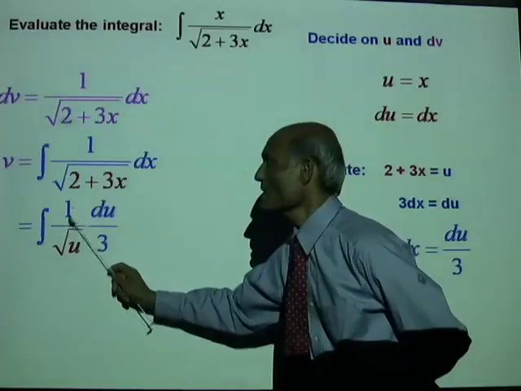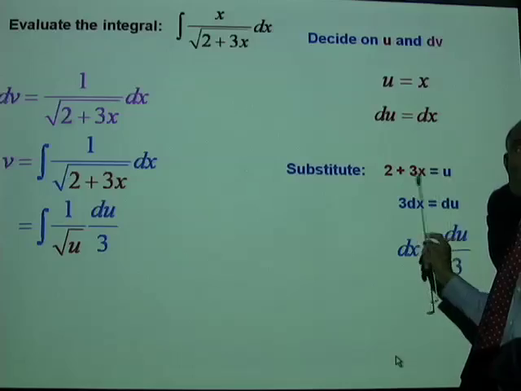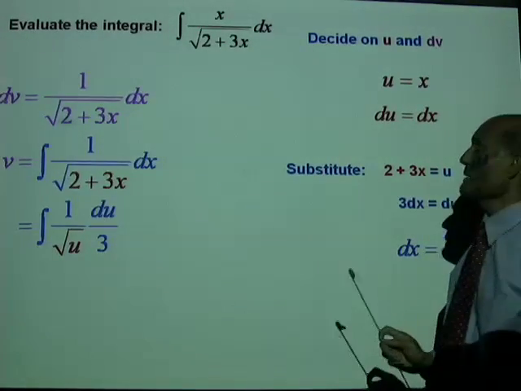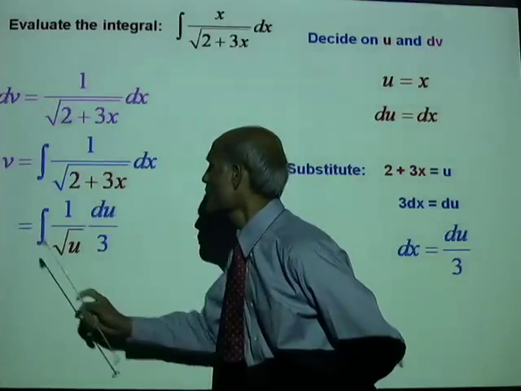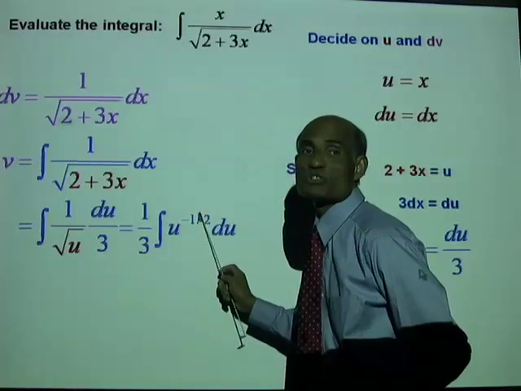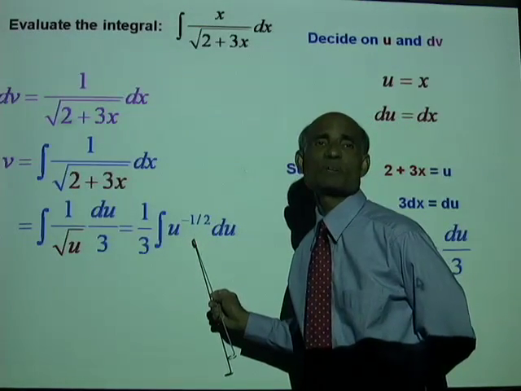That will be integral 1 over square root u, 2 plus 3x is our u, and dx is du over 3. And of course, 1/3 comes out, and 1 over square root u is u to the power of -1/2. We have done a number of these in previous occasions.